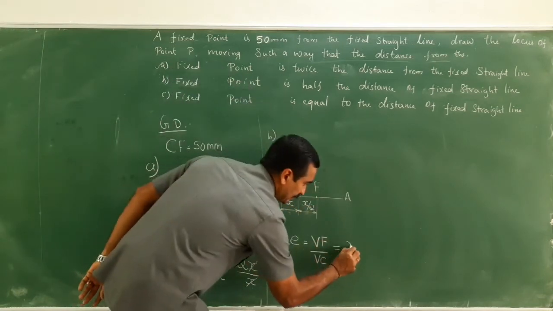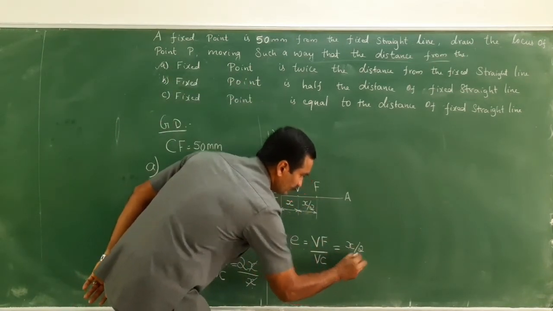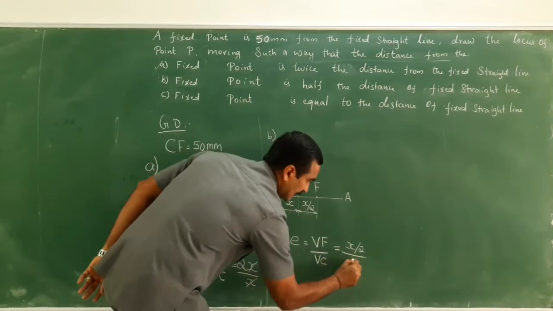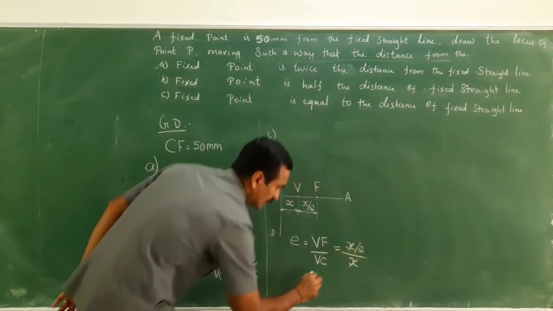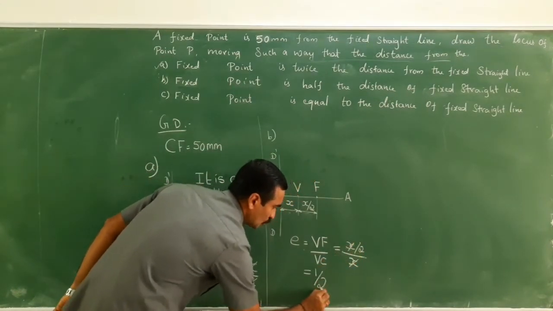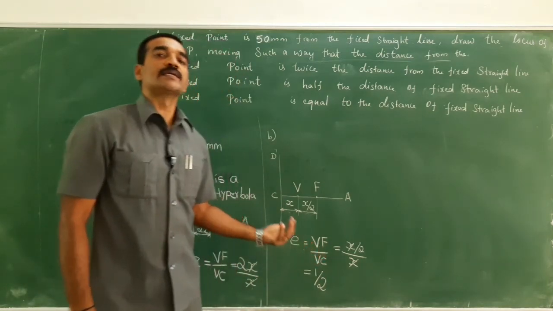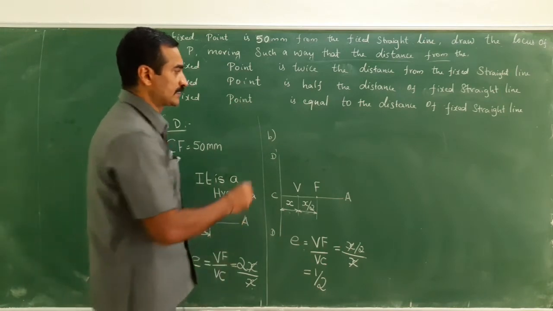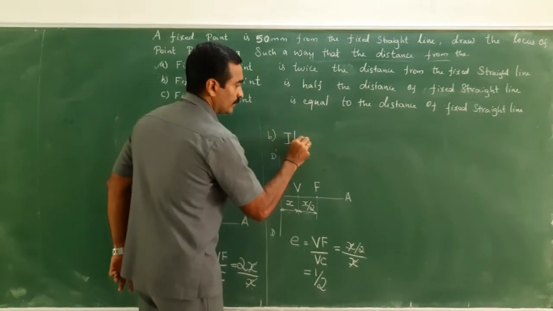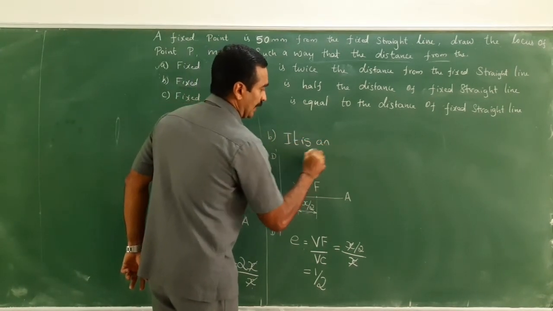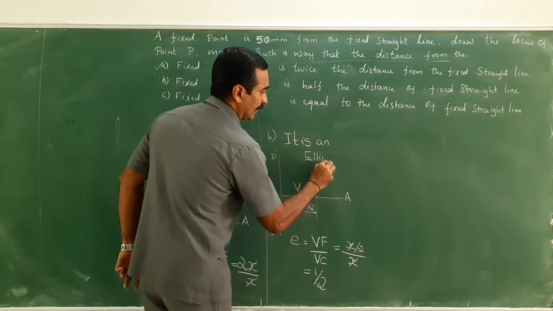VF is x by 2 and VC is x. X gets cancelled, which is equal to 1 by 2. So it falls in the category E is less than 1. Therefore, this curve is an ellipse. It is an ellipse.